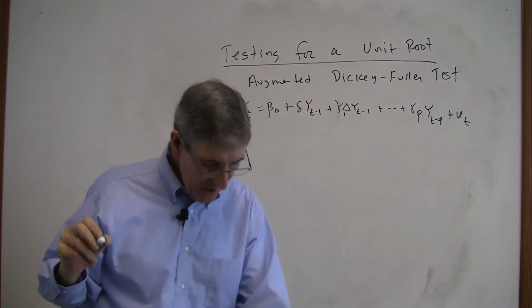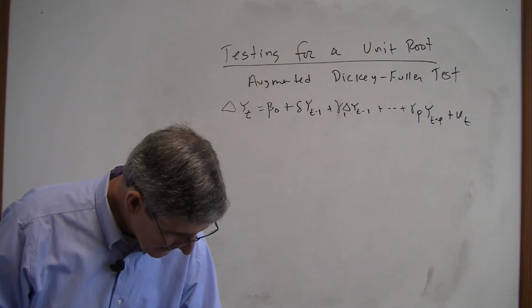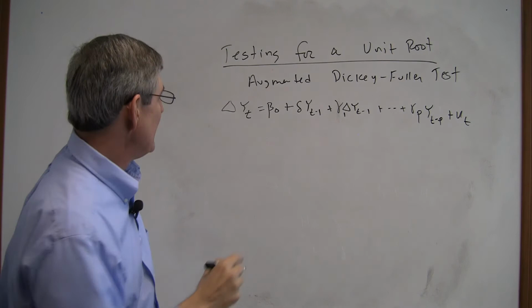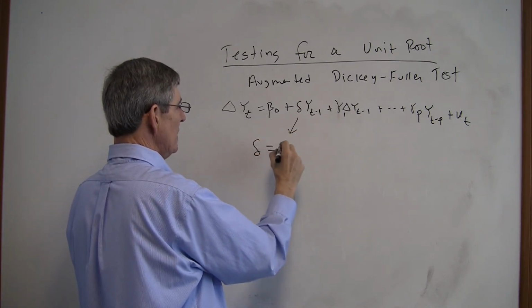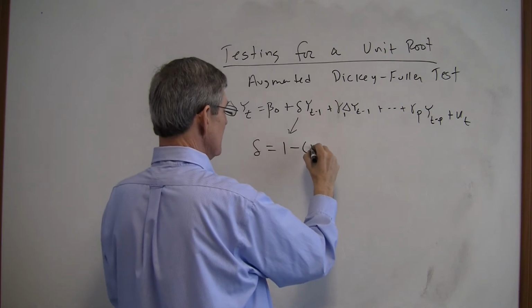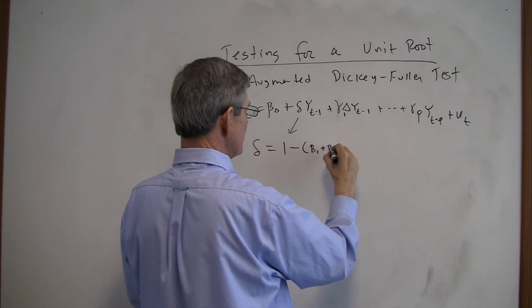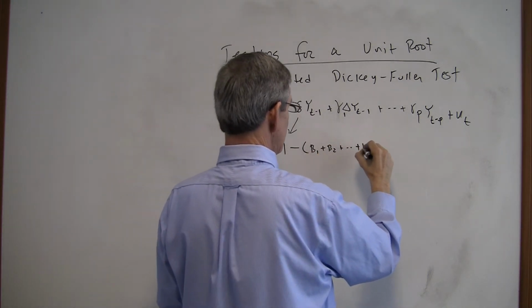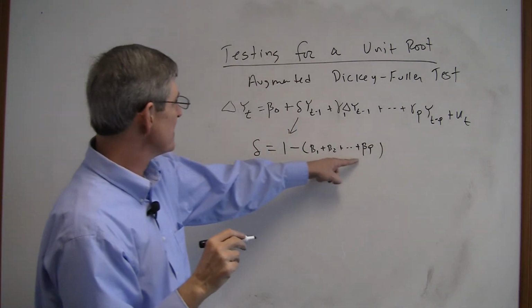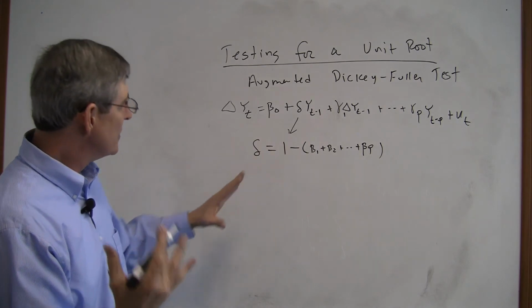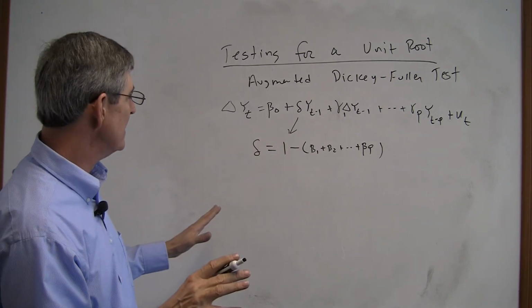So you can take an AR(p) and rewrite it this way. And in this case, this delta will equal beta 1 plus beta 2 plus ... plus beta p minus 1. Remember that I said that with an AR(p), if you have a unit root, those things will sum to 1. You can show that. I won't ever ask you to do it.